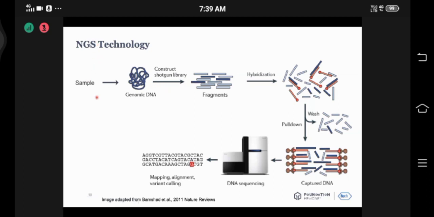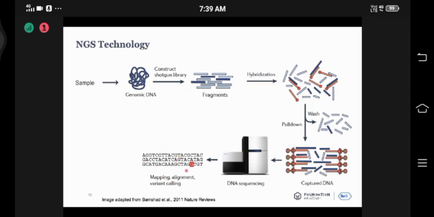If a DNA sample is sent to a lab, what happens to this DNA? First, they extract the DNA, and the DNA is made into fragments, or a library preparation takes place. Then available probes are hybridized with the library preparation, and after adequate removal of the noise or the waste, or what we don't want, the captured DNA is sequenced multiple times, based on which lab and what depth of sequencing is being offered, and then the sequences are mapped.